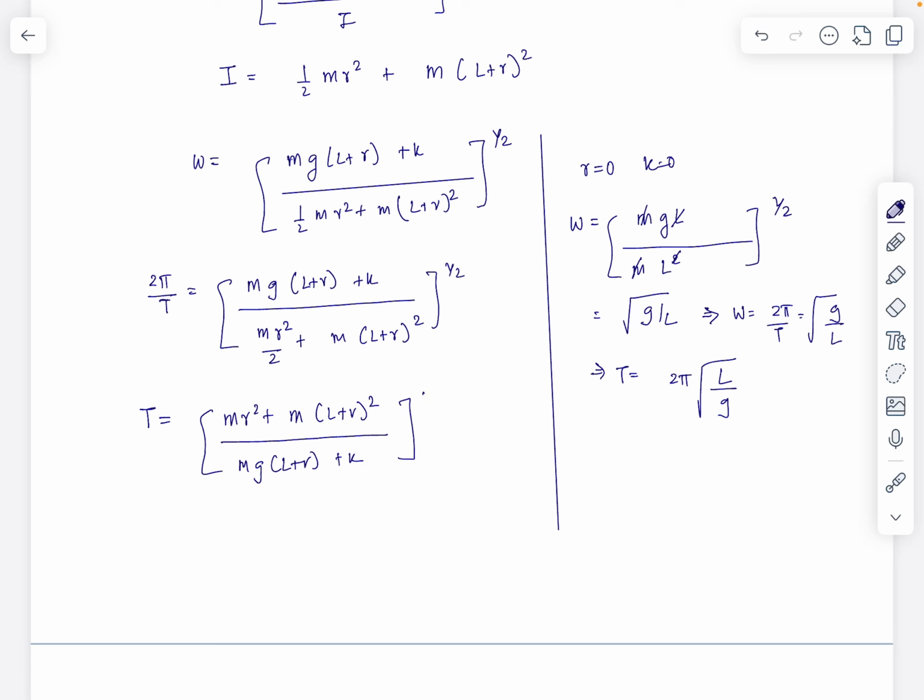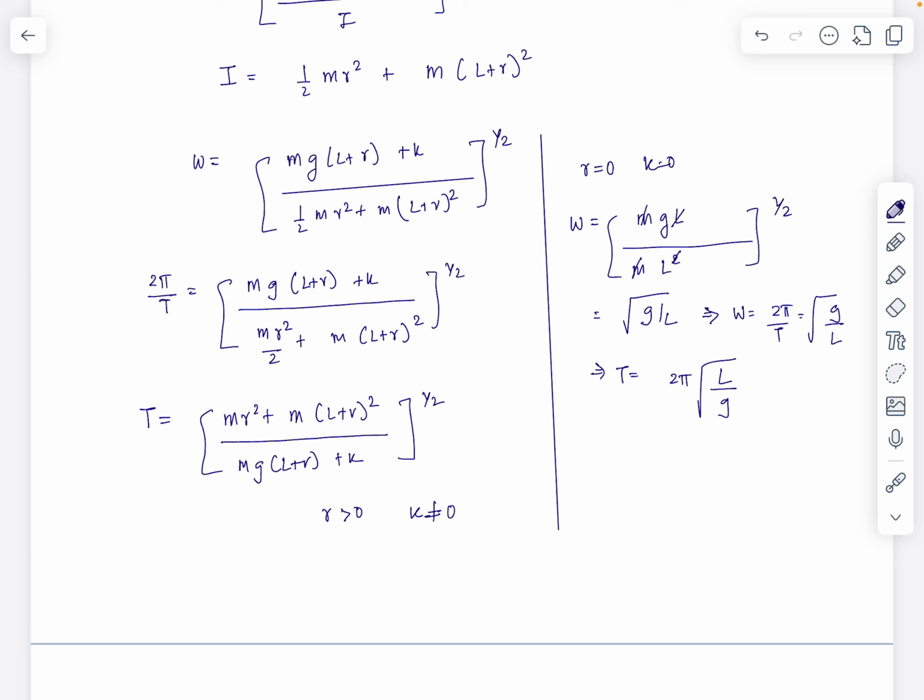That's the time period for the configuration when the radius of the bob is greater than 0 and the spring constant is not equal to 0, so both of these are the case.